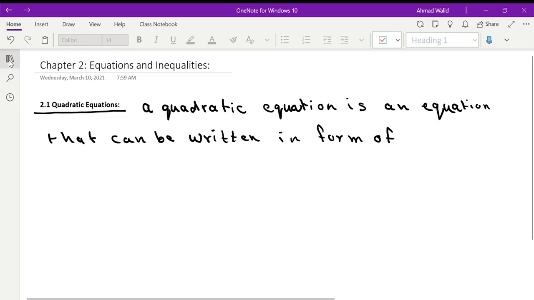Which form? In the form of ax squared plus bx plus c equals 0.